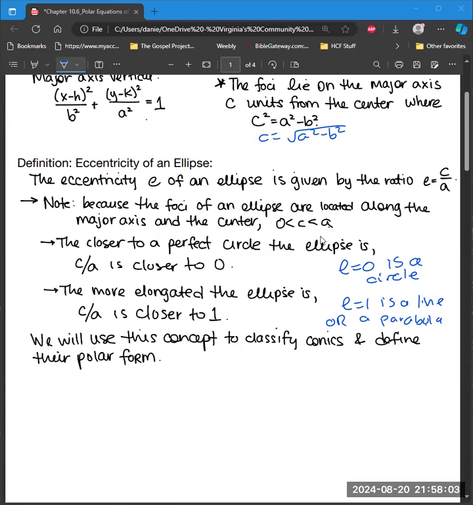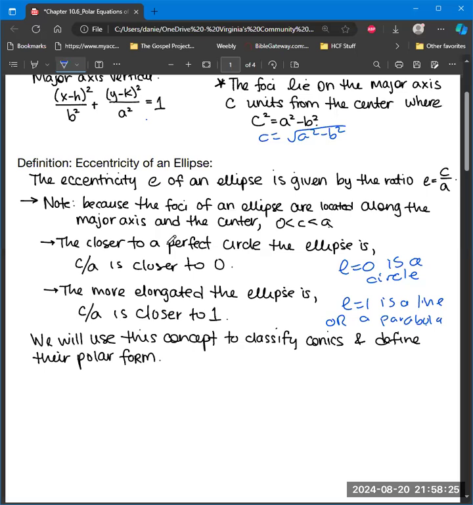The eccentricity e of an ellipse is given by the ratio e equals c over a. Remember how you calculate c here, and remember what a is. That's the way you find eccentricity no matter what.